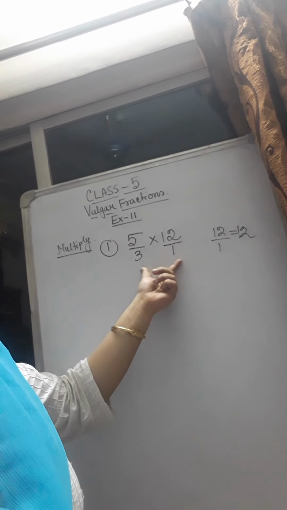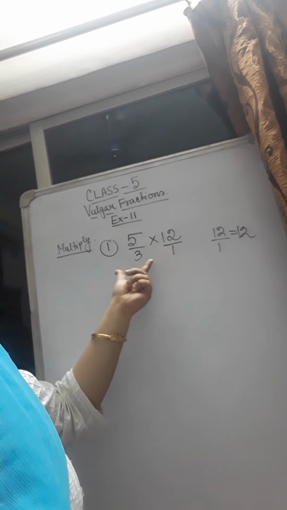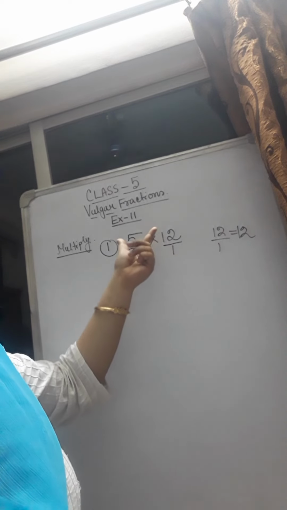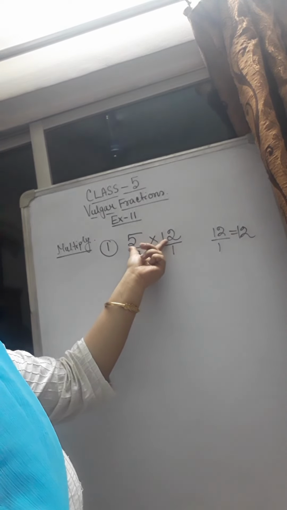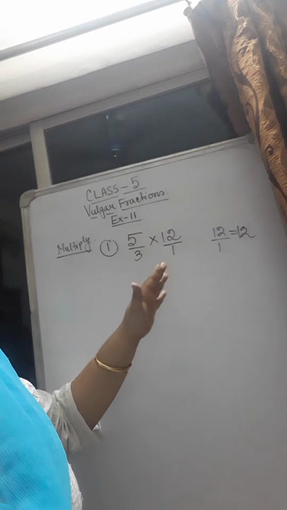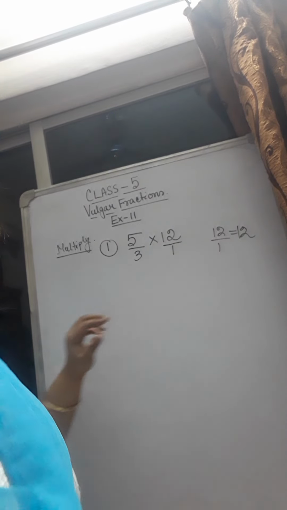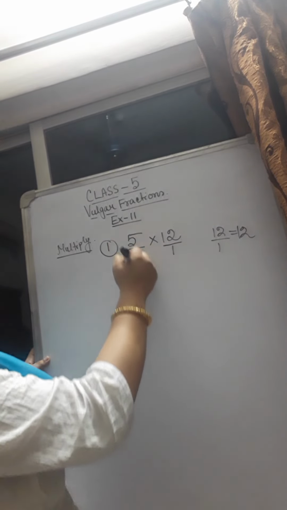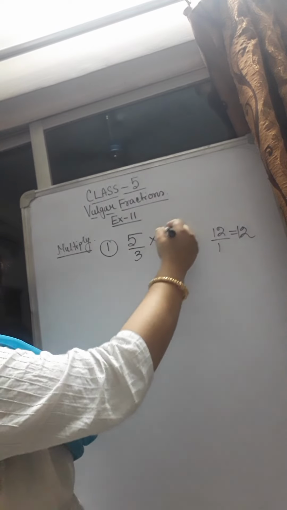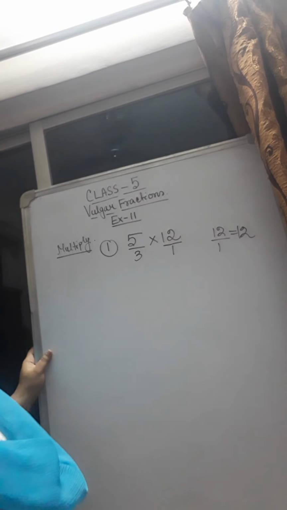That means if two numbers are in the denominator, you cannot cancel these two. Similarly, if two numbers are in the numerator, you cannot cancel them this way. So either you move top down or crossways in case of cancelling.